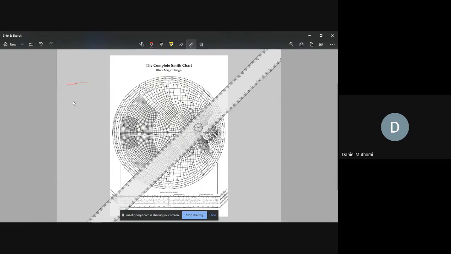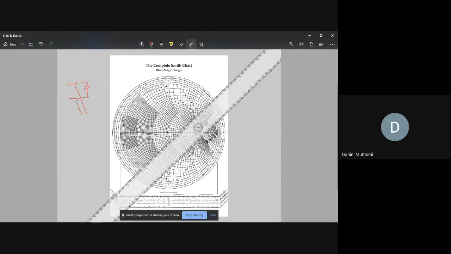So assuming this is your transmission line and you have your load here. A stub is basically introducing another line parallel to your load to, I don't know if it's to remove the reactive part so that you just have the resistance, or to remove the resistance to just have the reactive part.